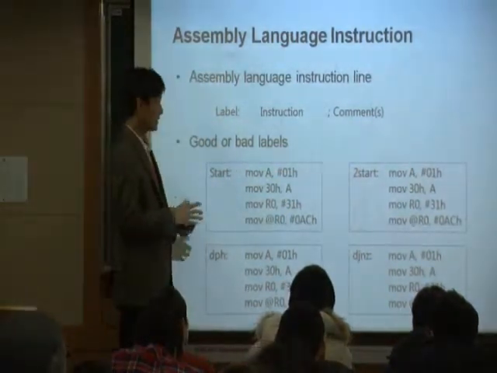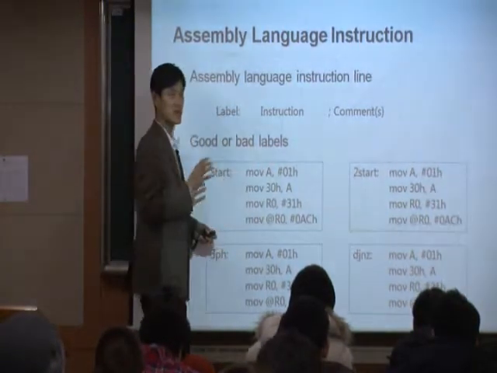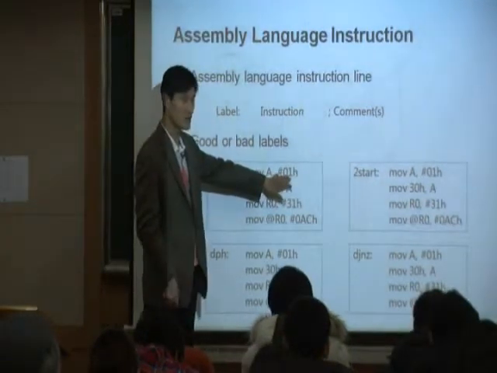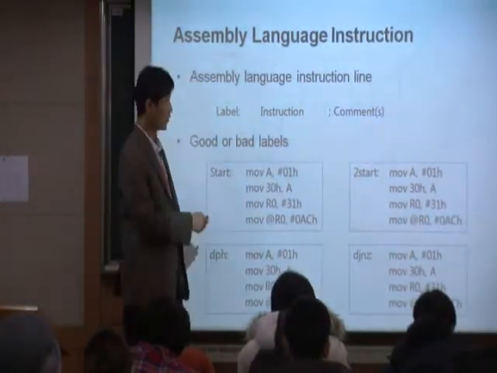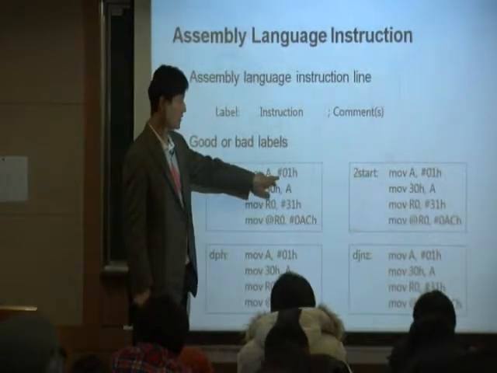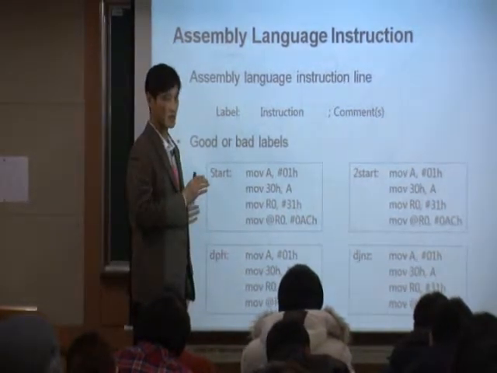And not only that, if you have a pound, right? Pound means a direct number. Direct number means that's the number you want, right? When you have a direct number, you want to have a pound. When you have a pound, this value should be starting with a number.